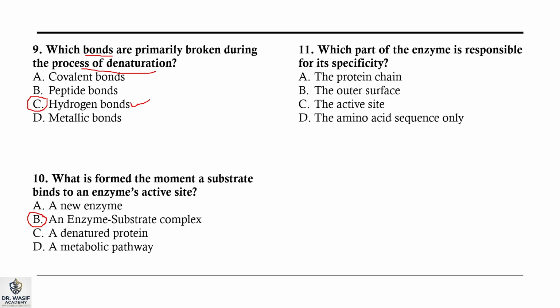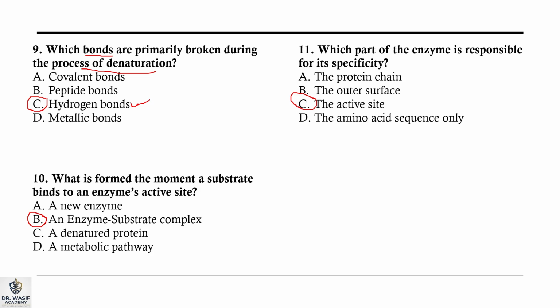The correct answer is active site, C. Let's review why this specific structure is the absolute anchor of enzyme specificity. As we highlighted in our previous lecture, while the entire protein chain and the overall amino acid sequence dictate how the enzyme folds, it is the active site itself, that specialized 3D pocket which possesses the unique geometric shape and chemical environment.